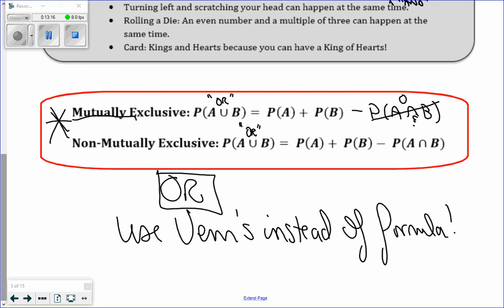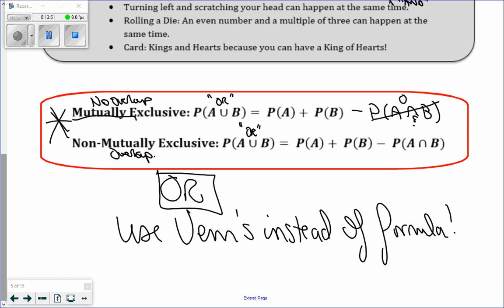Think about it: mutually exclusive, they exclude each other, so there's no overlap. Whereas not mutually exclusive means they're not excluding each other, so they do have overlap. It's the language of this unit that makes you go a little squirrely. Honestly, I just think of it as no overlap and overlap.